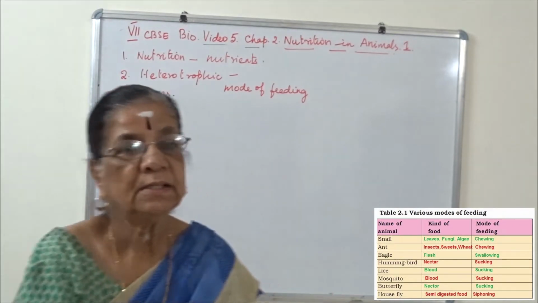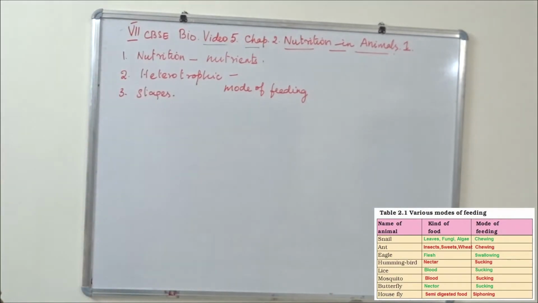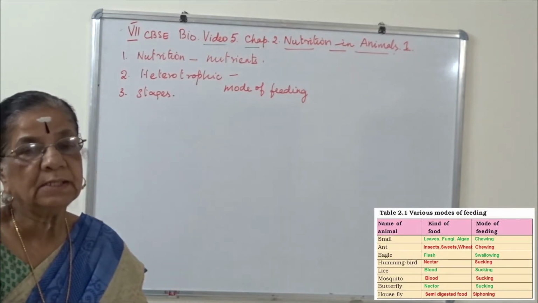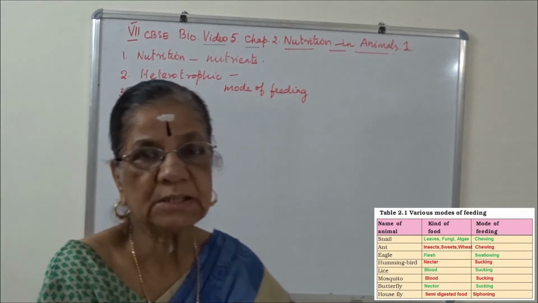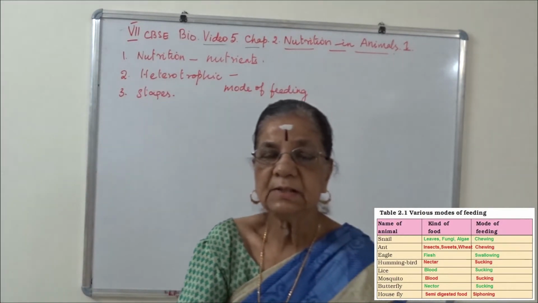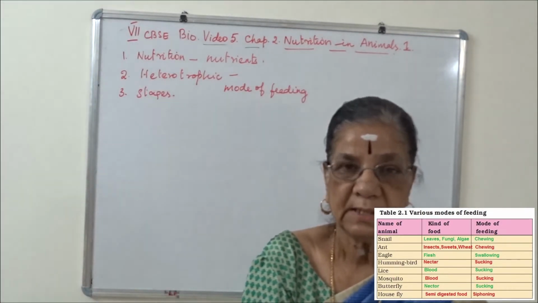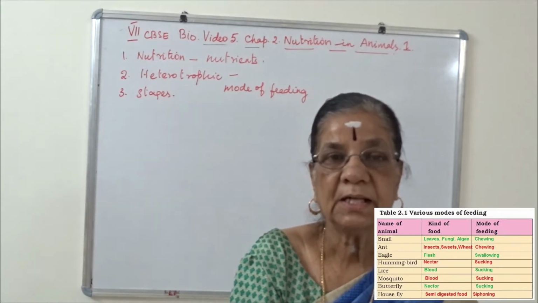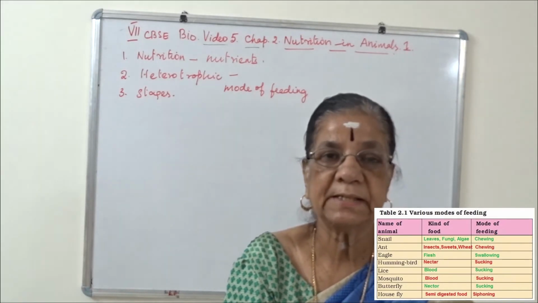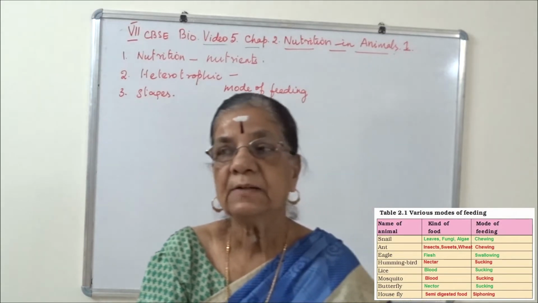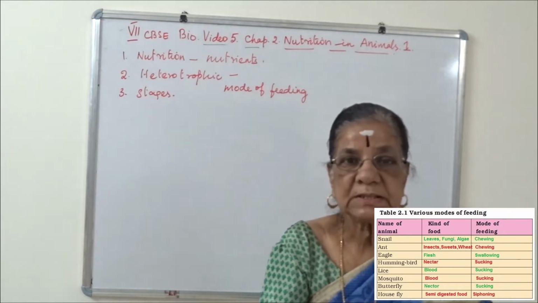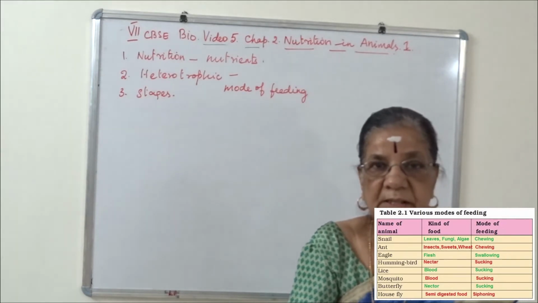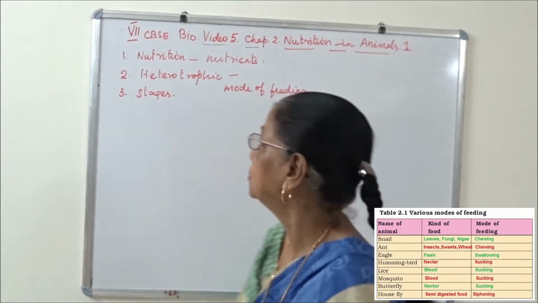Today, in video 5, we are going to do nutrition in animals, part 1. What is nutrition? Taking food for getting energy and doing day-to-day activities. And for doing this process of nutrition, there are some components required. They are called nutrients.